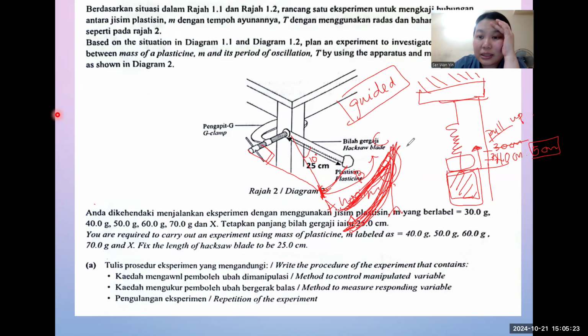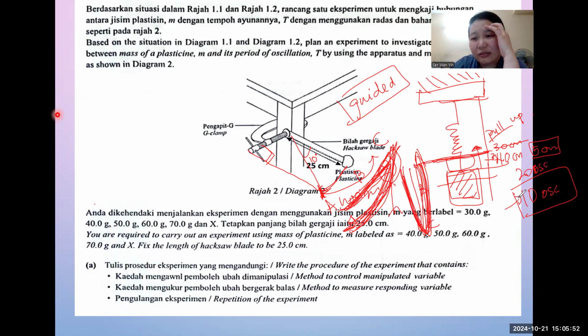So try your best. Then this one also, if you start here, A, the center, B, then C. A, B, C, 1, 2, 3, 4, 5, 6, 7, 8, 9, 10. We count the time for 10 oscillations. I believe they won't ask you to count 20 because our time is quite short. I believe they will ask for 10 only.